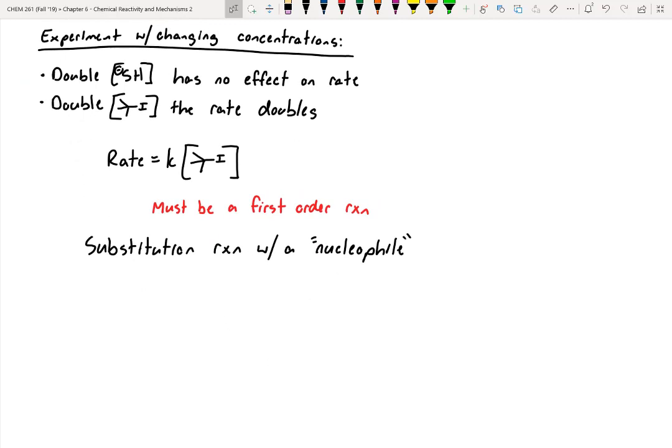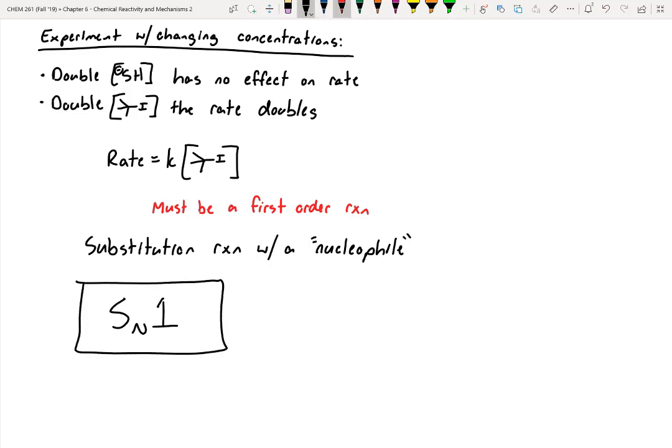So chemists, when they were looking at this, said, all right, let's call this an SN1 reaction. And what this means is it's code for saying that this is a substitution that involves a nucleophile. We call this nucleophilic. And then the 1 means it's a first order reaction.